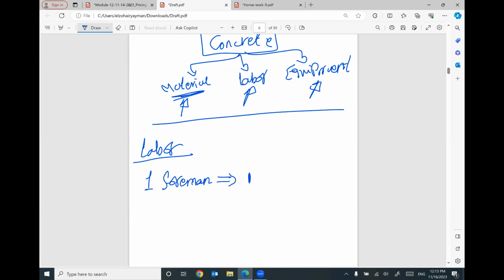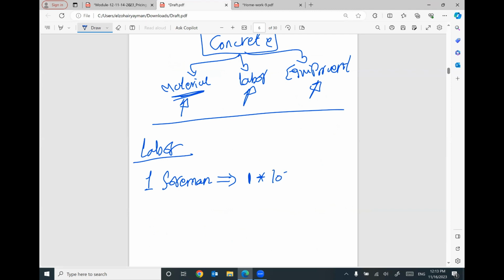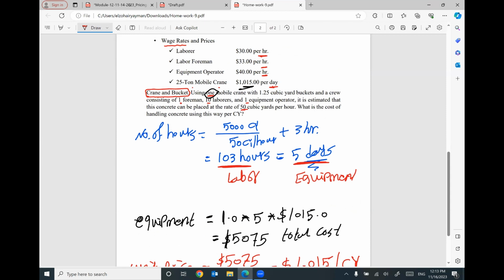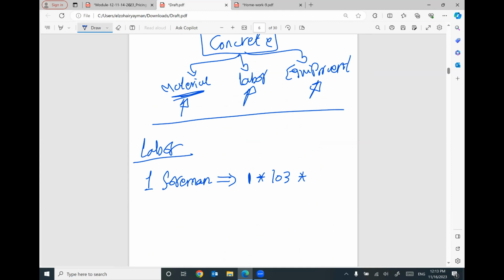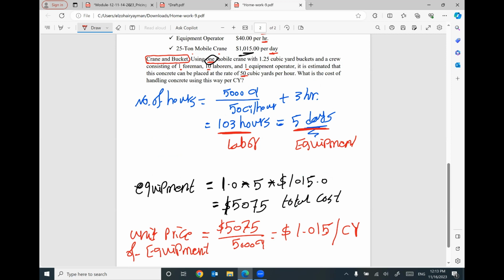So one foreman will be hired for 103 hours, and the price for each hour will be $33. So this is the cost for one foreman. So 103 times $33 will give you $3,399.